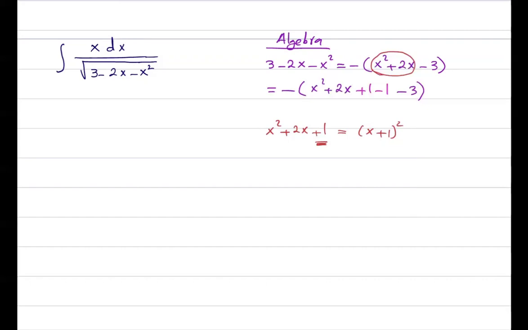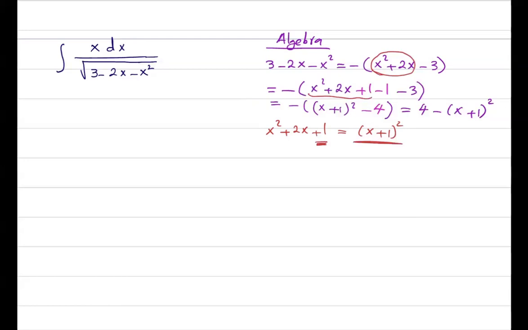Now, if I take these 3 terms, this is basically x plus 1 to the second power. So this can be written as minus x plus 1 to the second. Negative 1 minus 3 is negative 4. Very good. If you distribute the negative sign, you have 4 minus x plus 1 to the second power.